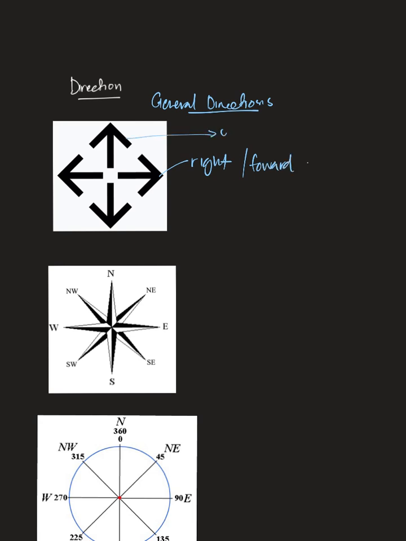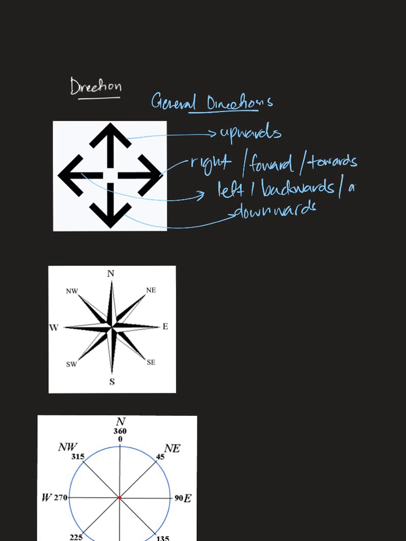Here the direction would be upward, this direction would be downwards, and then this direction would be left or backwards. I can even say forwards is going towards, and backwards I can even say away, right? That's the first type of direction.